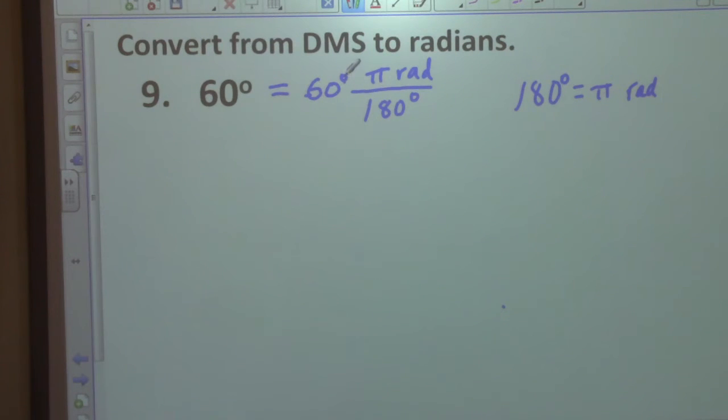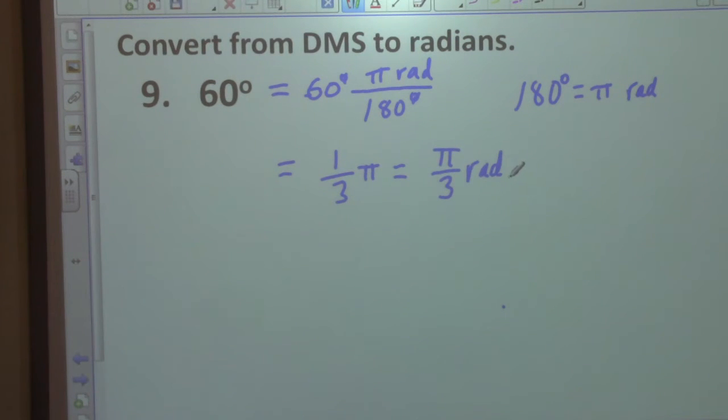Degrees over degrees cancel, and we simplify 60 over 180, which is 1/3 pi. Typically, and more conventionally, we write this as pi over 3 radians.